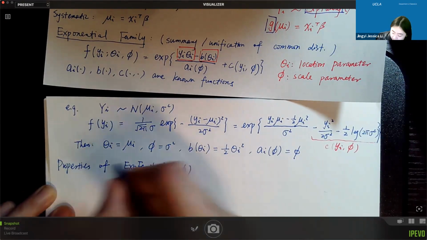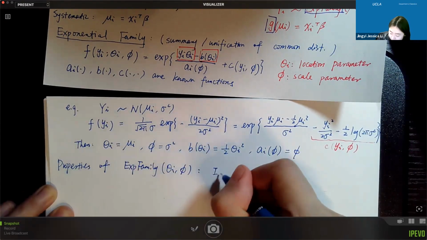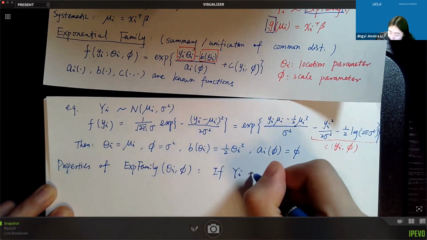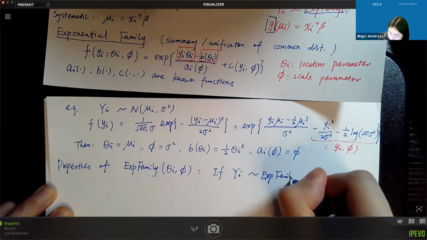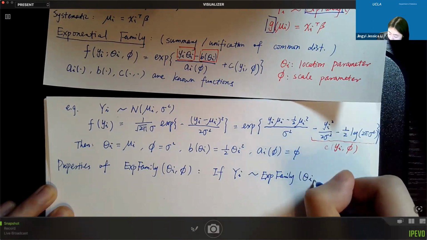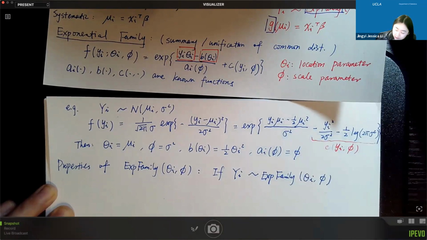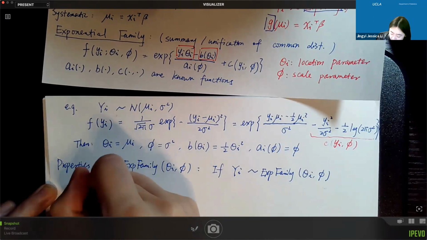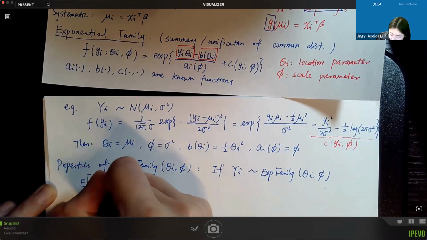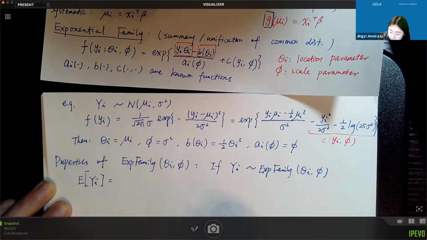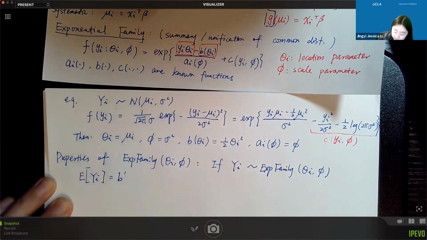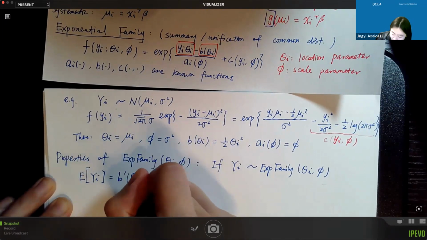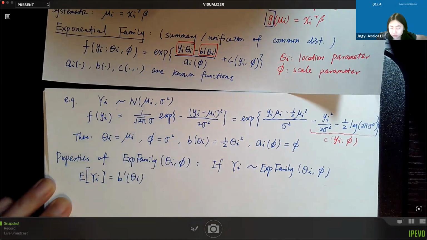So if we have a random variable yi that follows the exponential family with parameters theta i and phi, then we can immediately say that the expectation of yi is just the derivative of the b function at theta i, a very simple form.